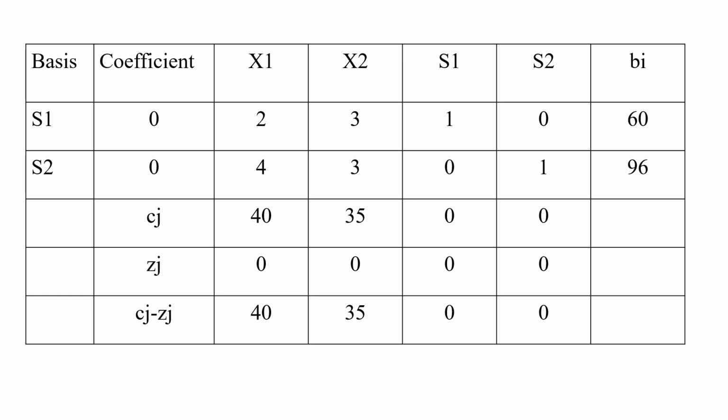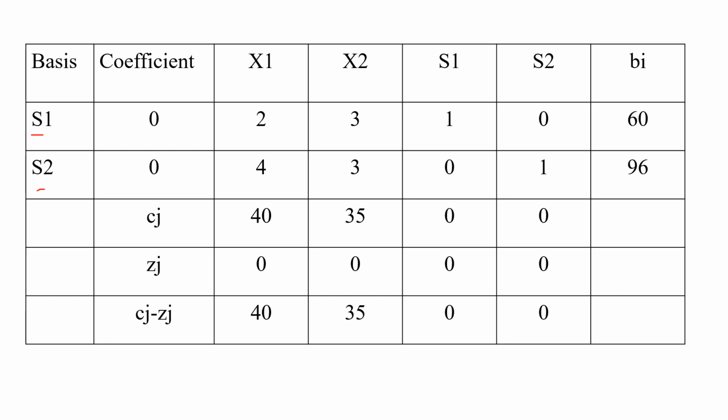Here on the left hand side you will find two basic variables. The number of basic variables depends on the number of constraints you have. Here there are two constraints, so you will find two basic variables, and the coefficient of the basic variables is always taken as 0, because a basic or slack variable is nothing but the unused capacity of the raw materials, the labor force or the human resources in your organization. So the coefficient is considered as 0.